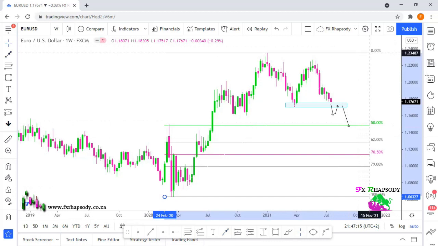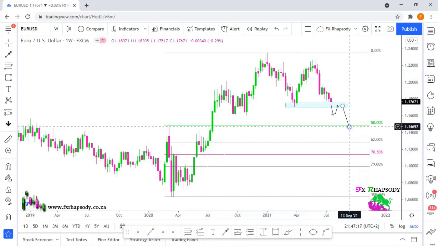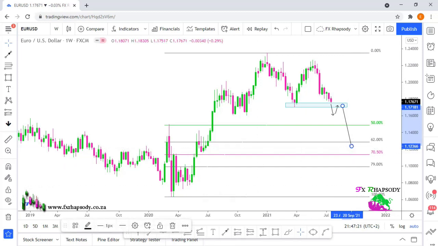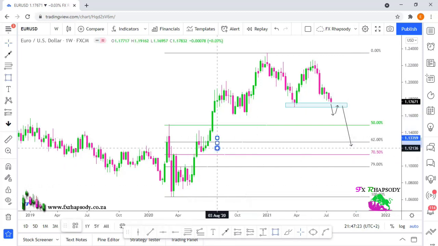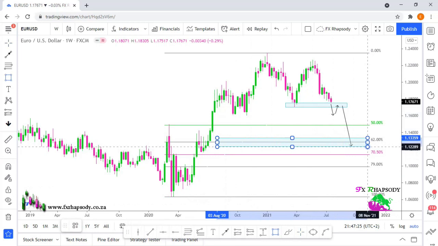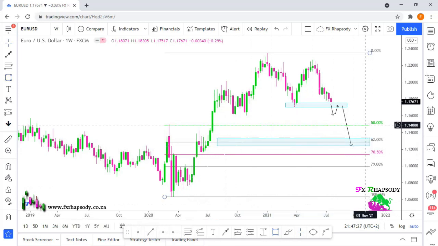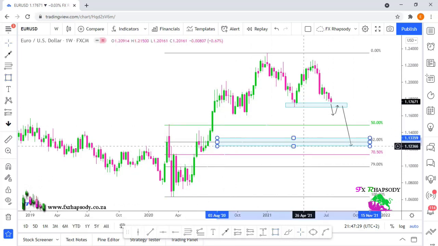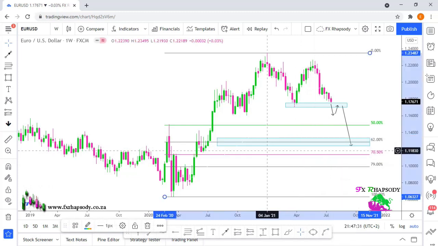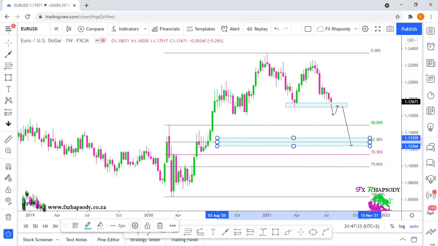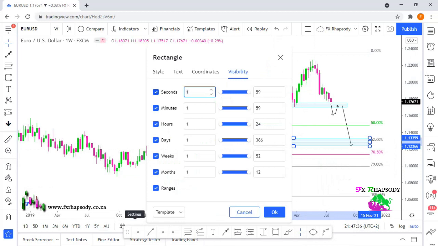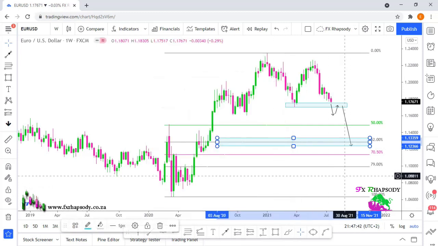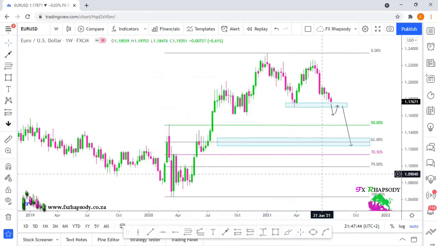Let's expand this. I would like to see price coming down at least to this area of the 62% right there. I want to keep that area highlighted for the weekly and for the monthly.